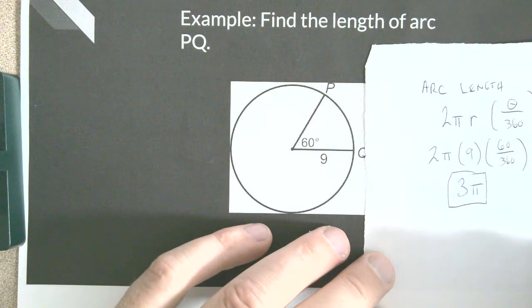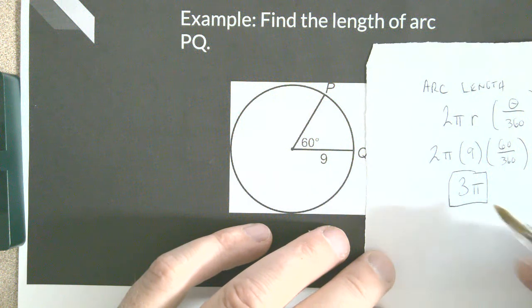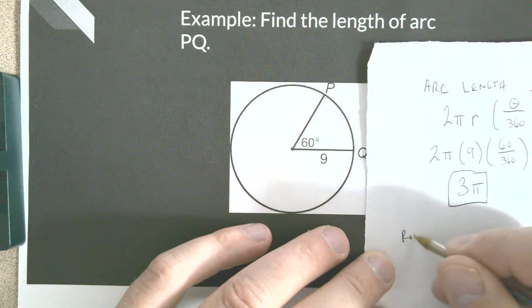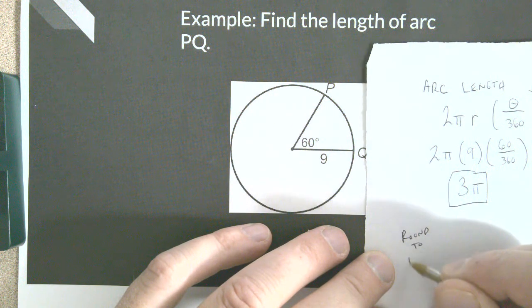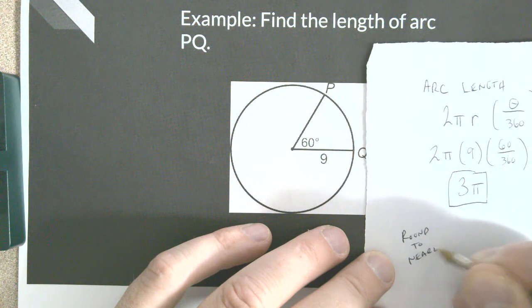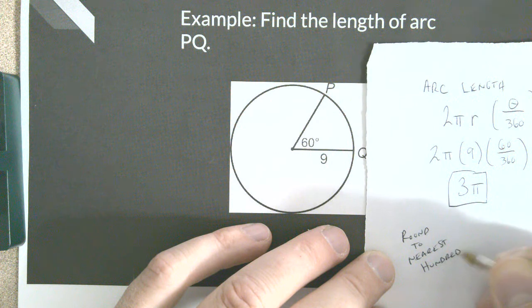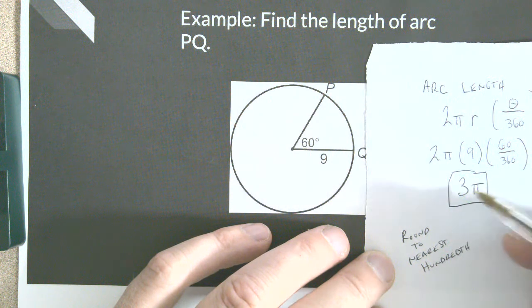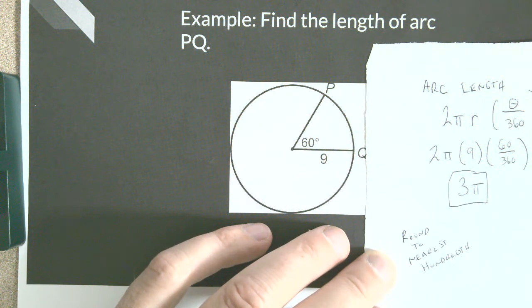Now we're also going to put this in decimal form. So decimal length, let's round it to the nearest hundredth. On your calculators, you should have a pi button. You're going to take 3 times pi.